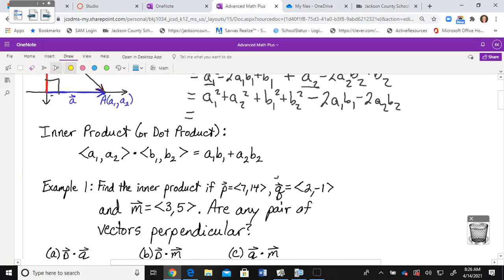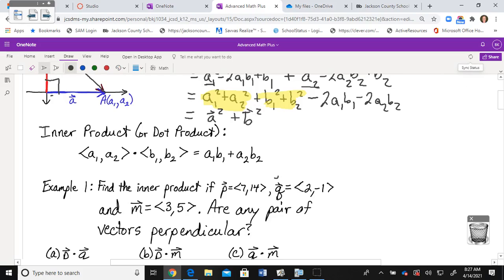Let me scroll down a little bit. This part right here, I think I'm highlighting it, is actually the same as vector A squared, okay? This part right here is actually vector B squared.